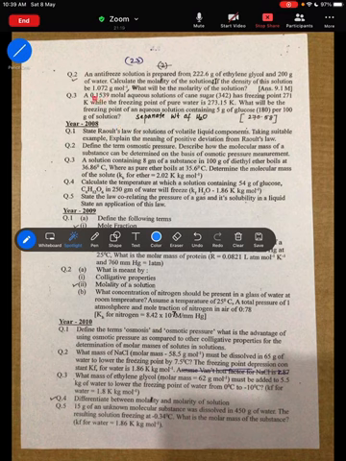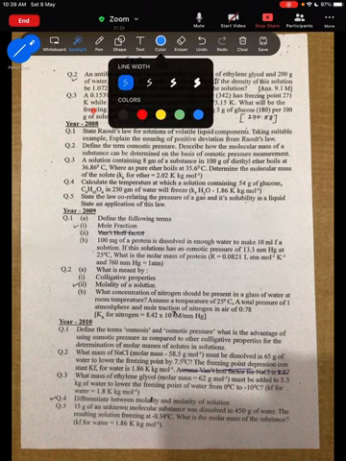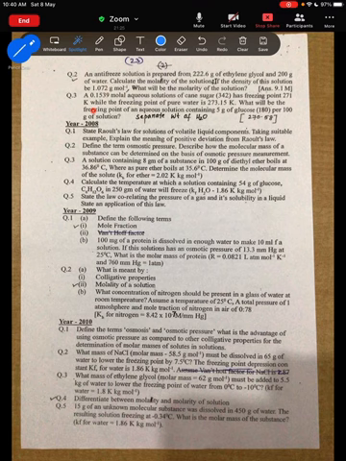What will be the freezing point of an aqueous solution? First they have given the cane sugar solution. Its freezing point is 271, while the freezing point of pure water is known. So here you can find delta TF as the difference.